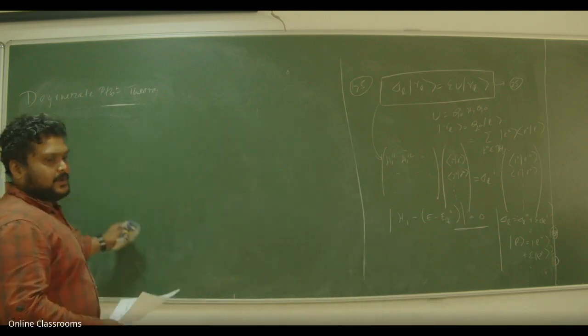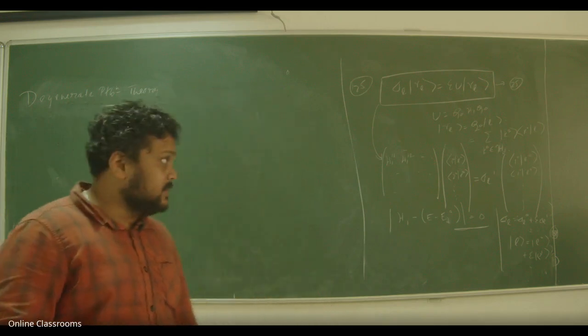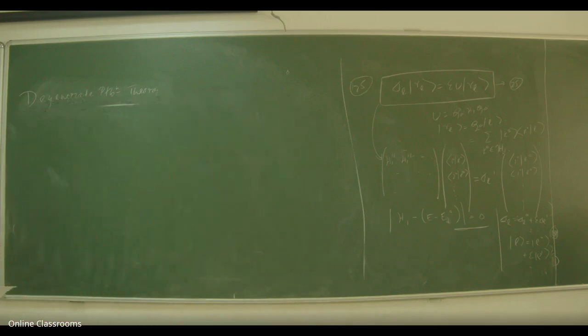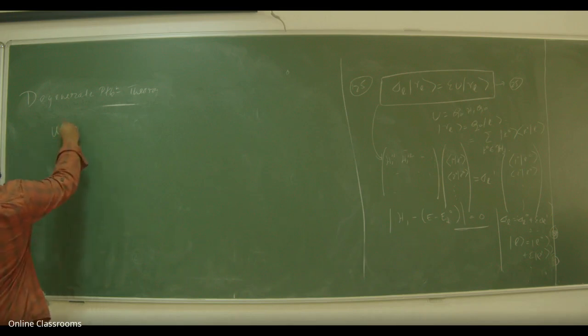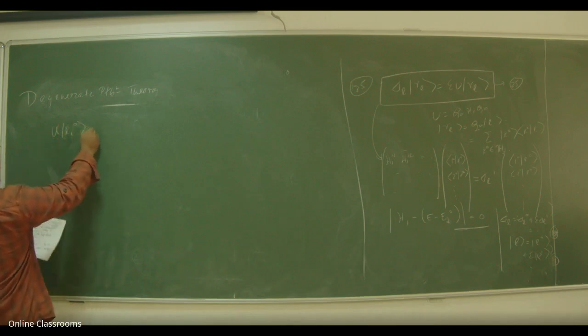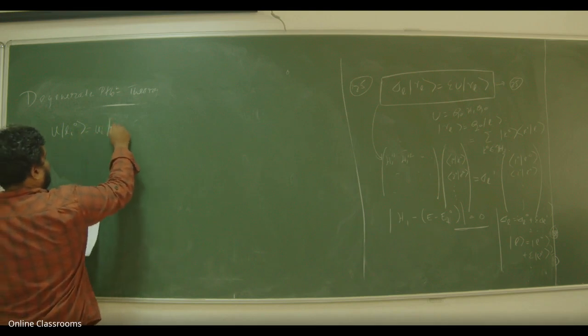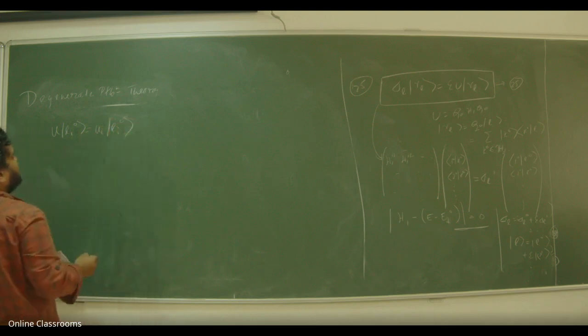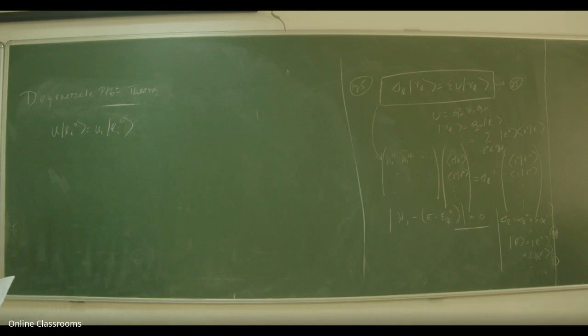Now you have answered this question: which set of Li0 should I use, out of the infinitely many combinations, and this is the one which satisfies this equation. U Li0, let me call it some Ui Li0. I am removing the epsilon. The epsilon is just an overall factor.